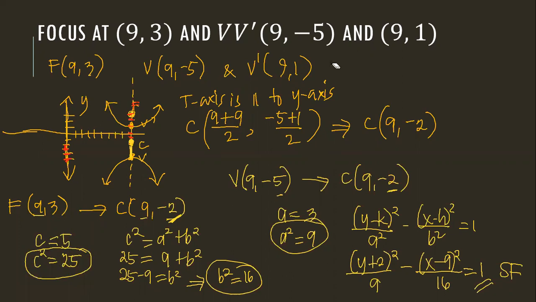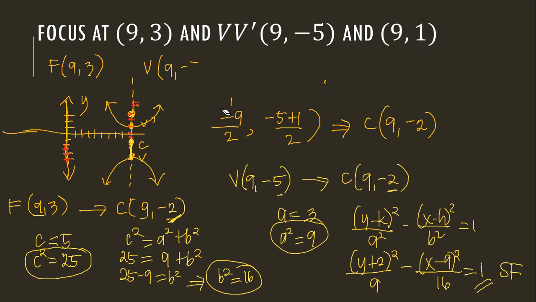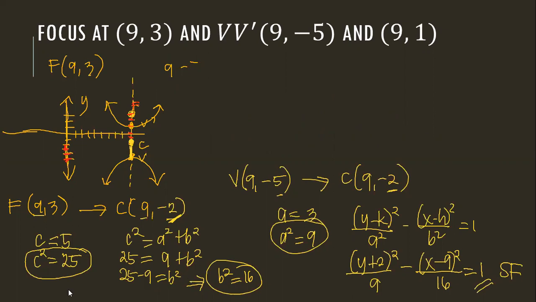Okay, so kuhanin natin ang kanyang general form. Okay, so we have here y plus 2 squared over 9 minus x minus 9 squared over 16 equals 1. First, let us get the common denominator. So 9 times 16, that's 144.